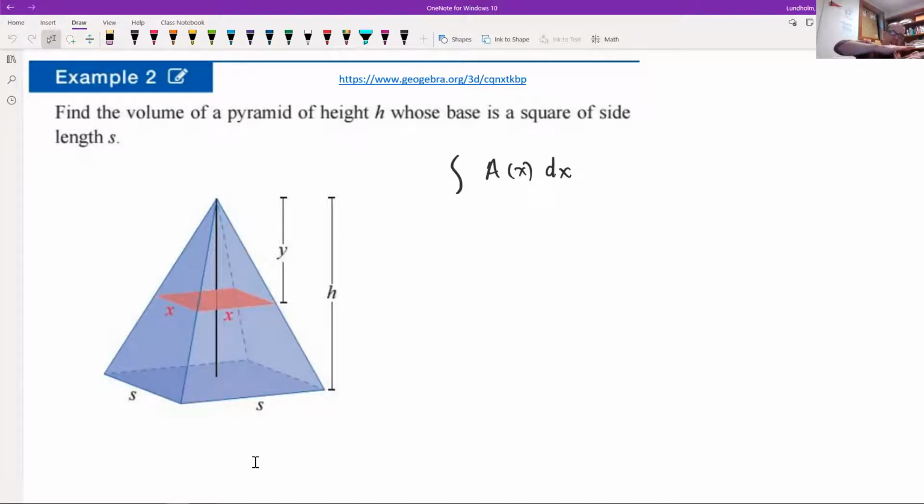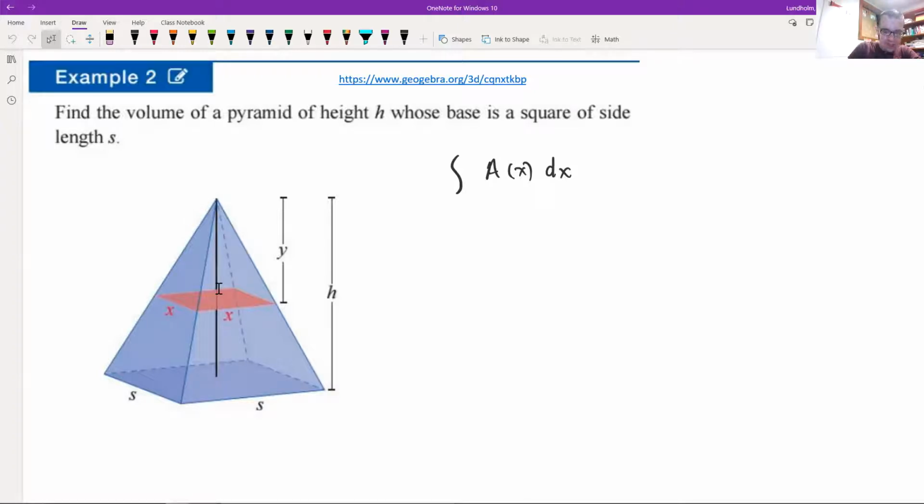Let's do this. Okay, cross sections. Boom, boom, boom, all the way up. The problem is, it looks like I kind of want to set up an integral dy here, because the cross sections, I feel like, we're moving up this way. And we're going to be going from 0 to H. You know what?